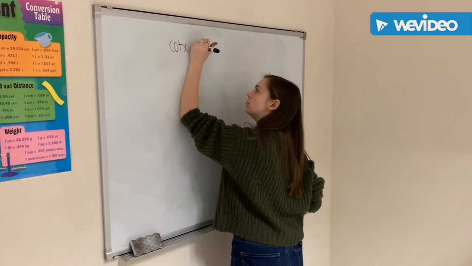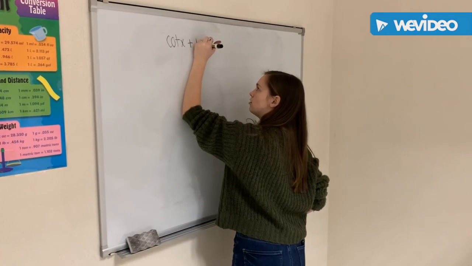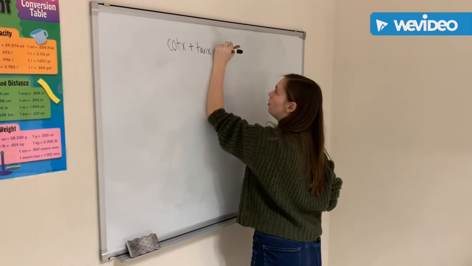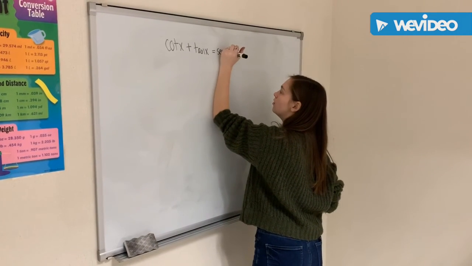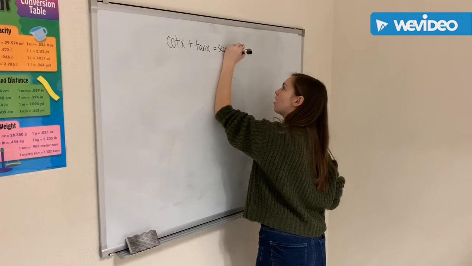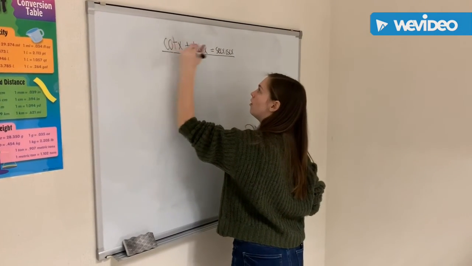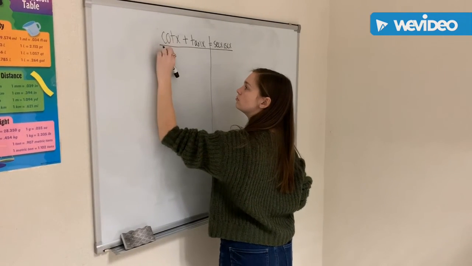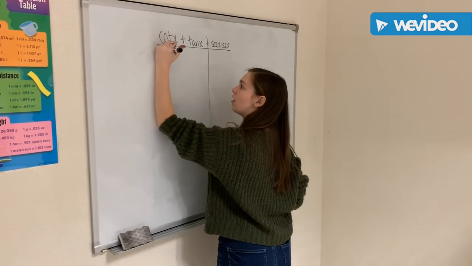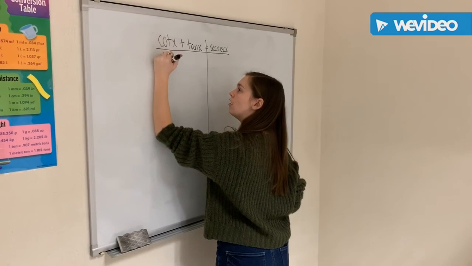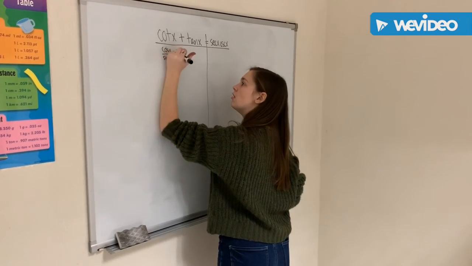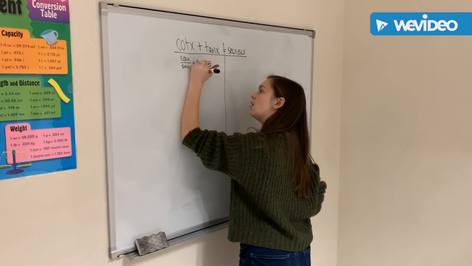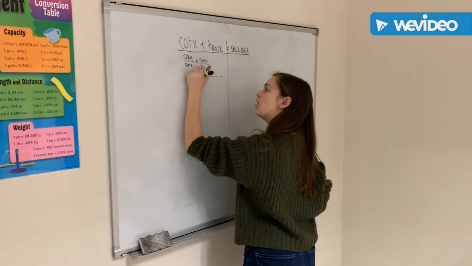Okay, the third problem is cotangent x plus tan x equals secant x times cosecant x. So the first thing we're going to do is turn cotangent x into cosine x over sine x. And then tan x into sine x over cosine x.